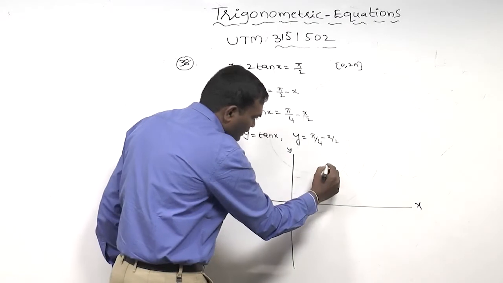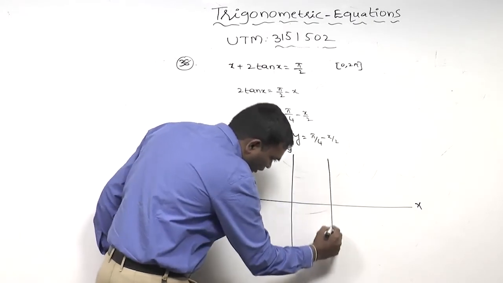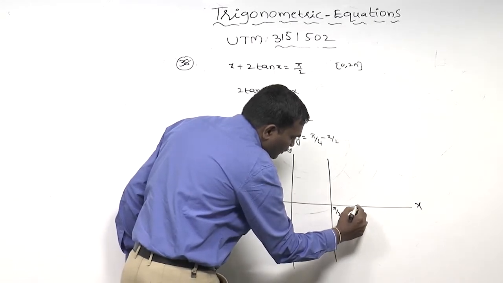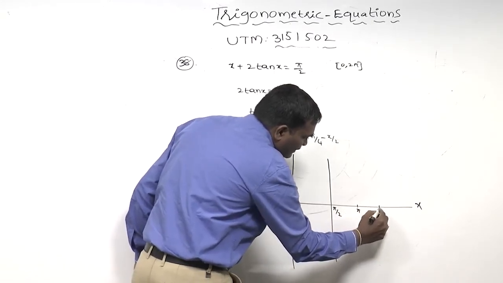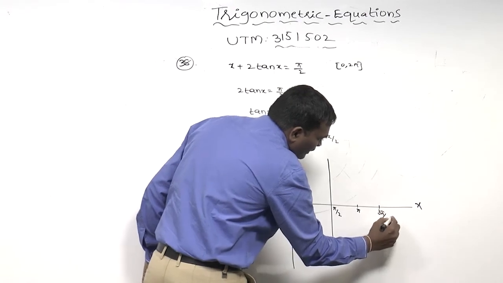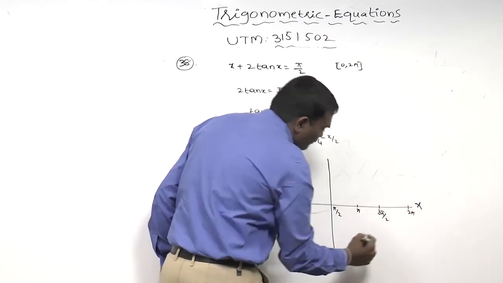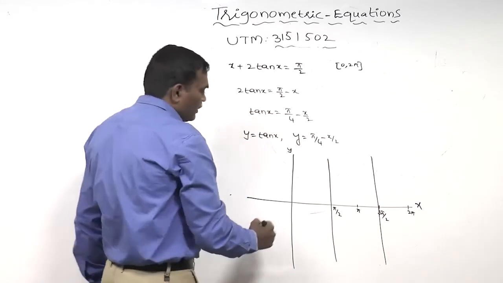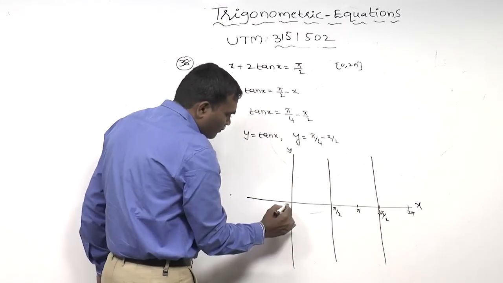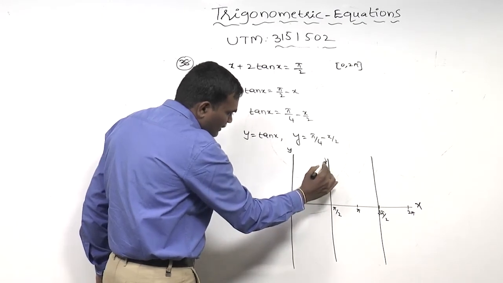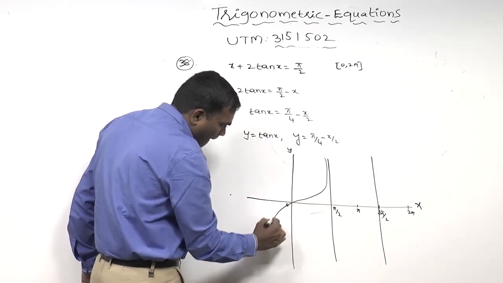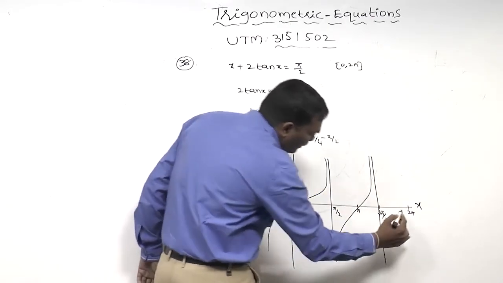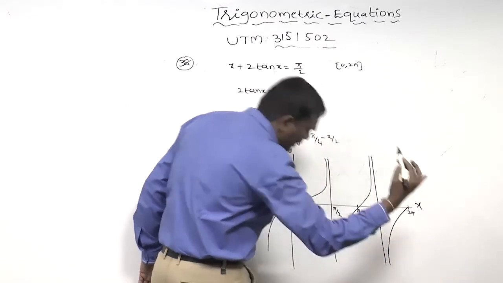Tan pi by 2 is not defined. This is pi by 2, then pi, then 3 pi by 2, and next 2 pi. Tan 3 pi by 2 is also not defined. So the tan x graph starts at 0 and looks like this. I am not drawing exactly, approximately.